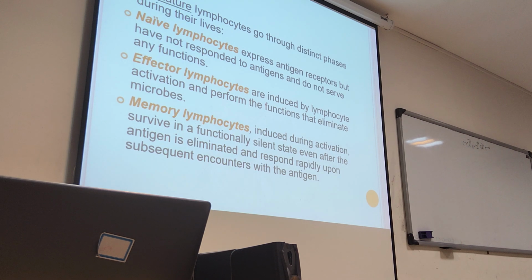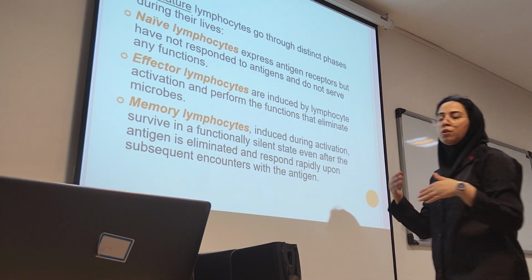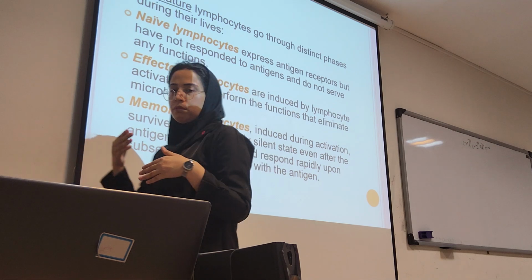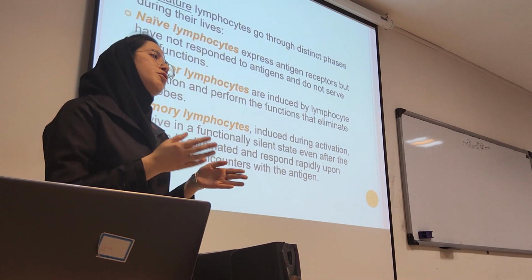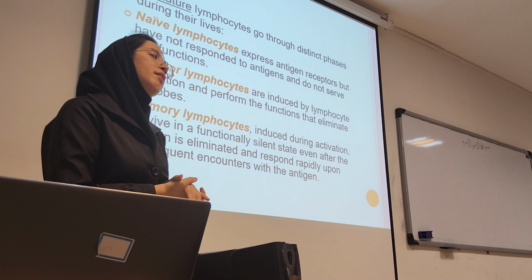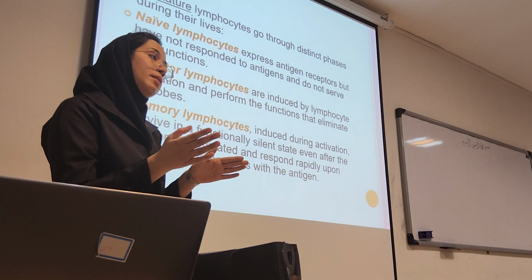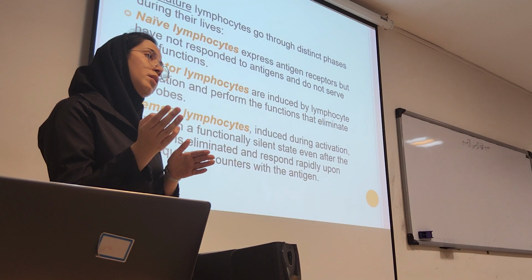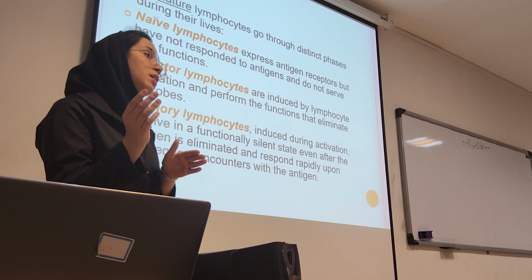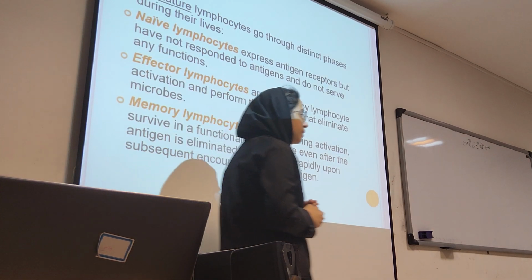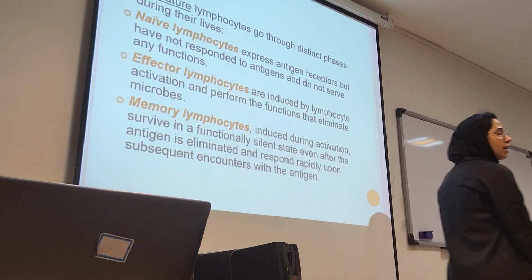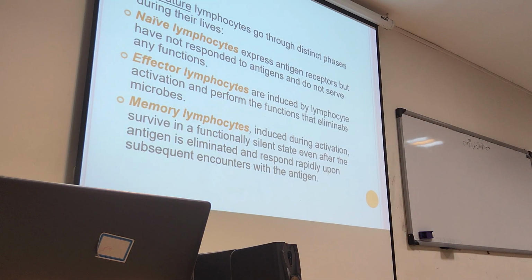So only memory cells remain, and on the second entrance of that antigen to the lymph node or to the body, we have a more rapid reaction against that antigen. So, in summary, tell me about naive lymphocytes, effector, and memory lymphocytes.